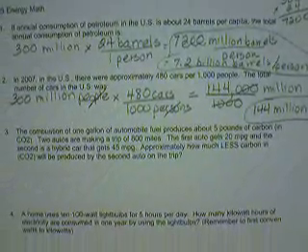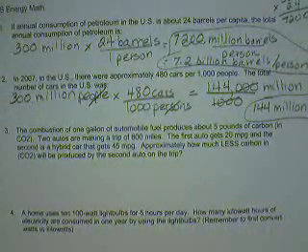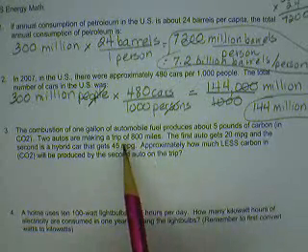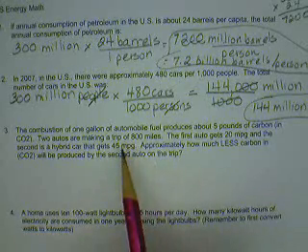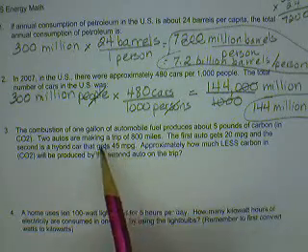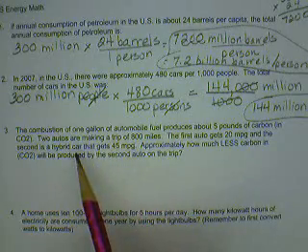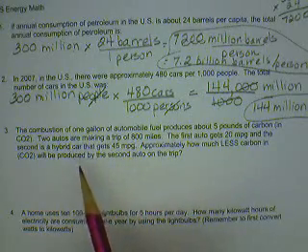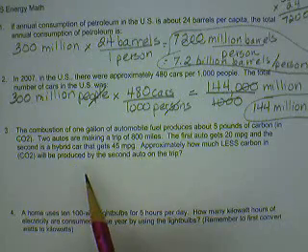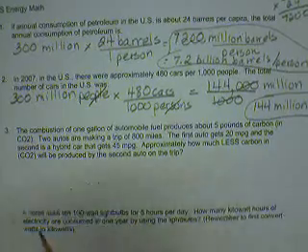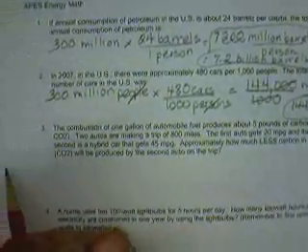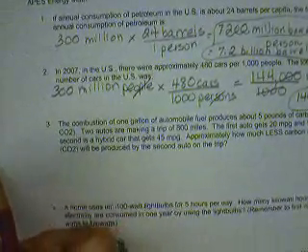Number 3. How you answer number 3 is you have to first solve for both cars and find out basically how many gallons it takes to go 800 miles on each car, and then find out the pounds of CO2 it takes, and then find out the difference. So first I'm going to take the first car here, and I'm going to start way over here to give myself some room.